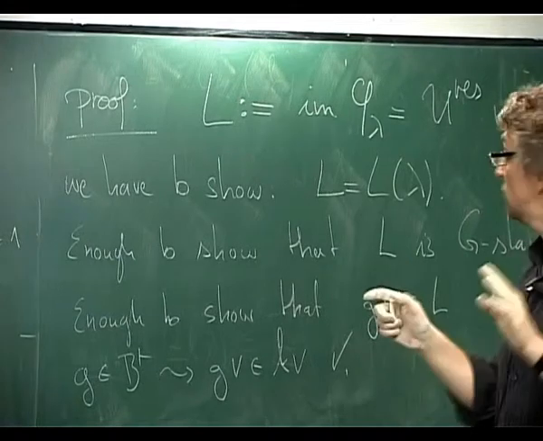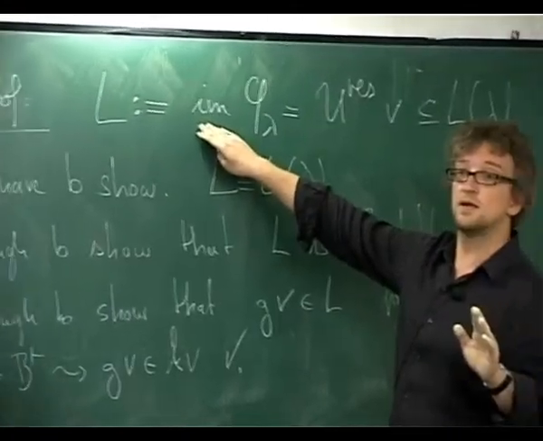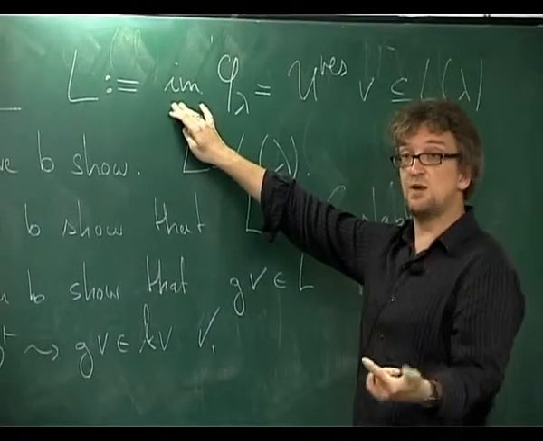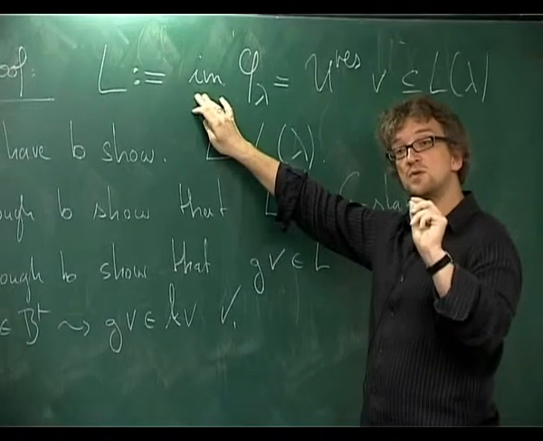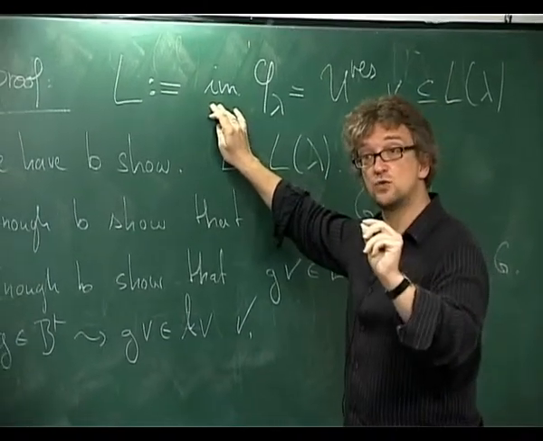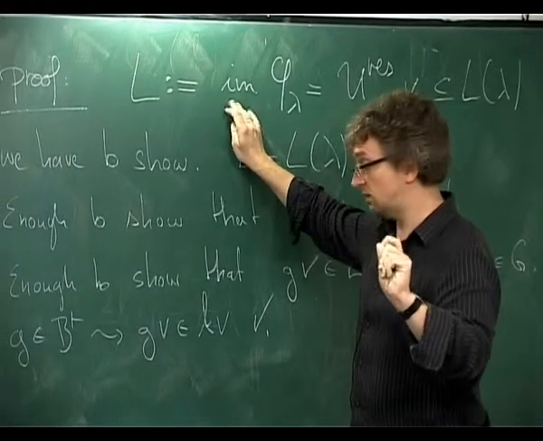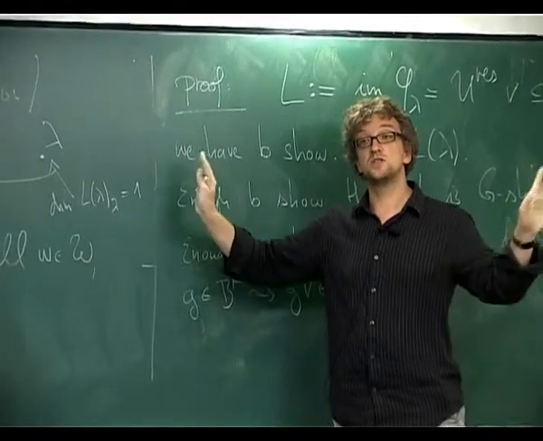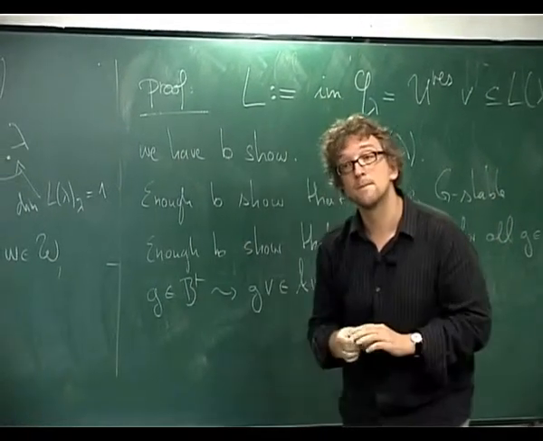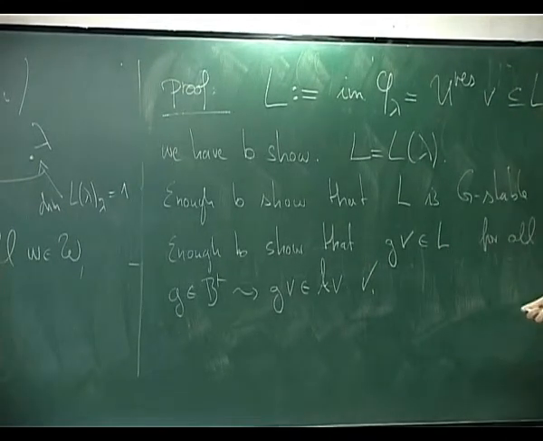So the idea was that L is a simple module for the Lie algebra. It's not a priori stable under the whole group. What we proved now is that this simple module is stable for all elements of the group. It's a G module for the group G, and we proved that for the Borel and for representatives of the Weyl group, which is enough.